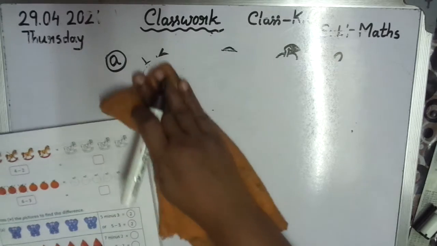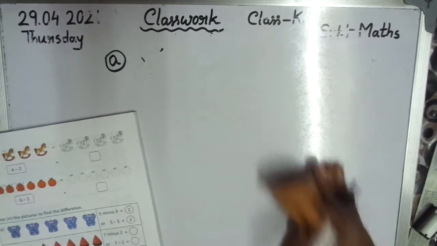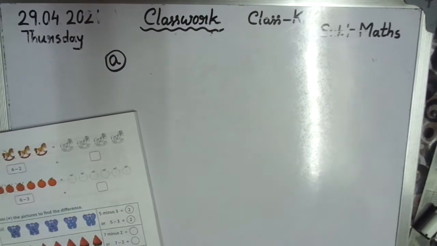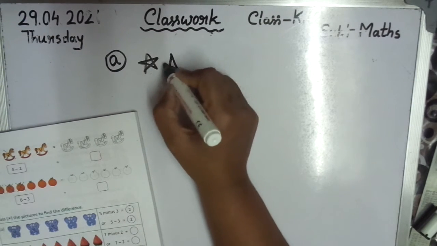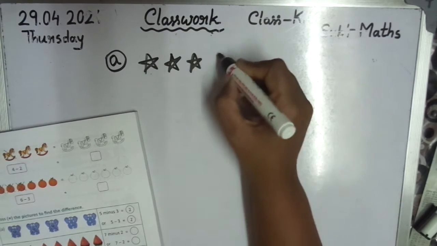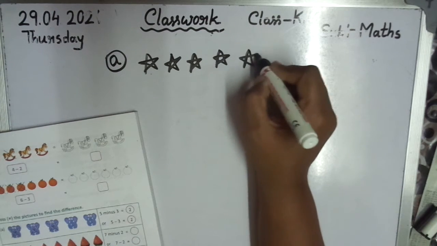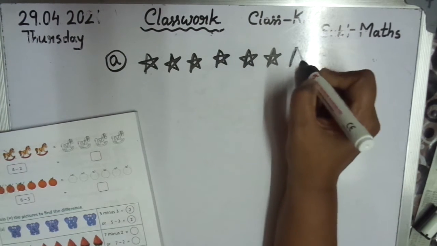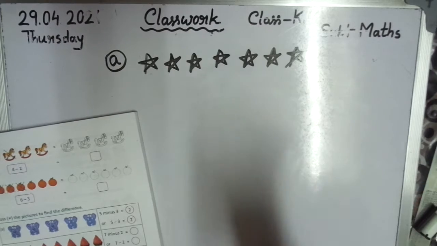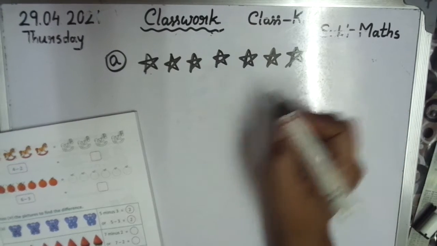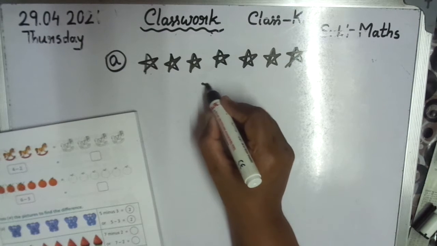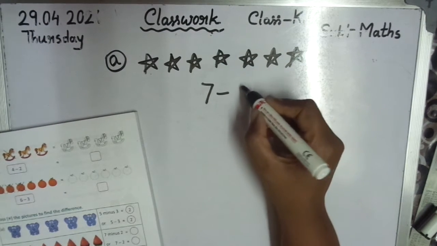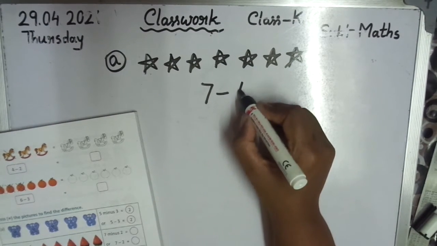Next. Stars: 1, 2, 3, 4, 5, 6, 7. 7 stars. Okay. So your question is 7 minus 5.